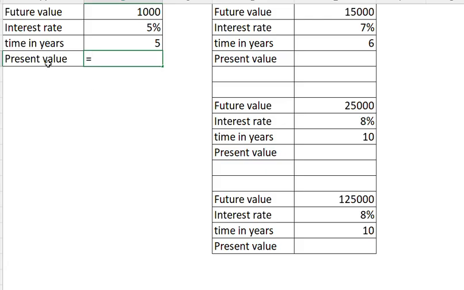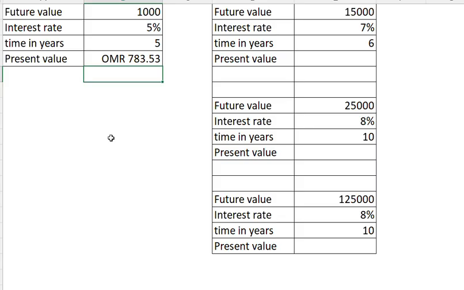So we want the present value, the future value is available. Click on the future value. As I told you, we will divide it. Same formula, bracket open, 1 plus rate of interest, bracket close, power of time in years, enter.